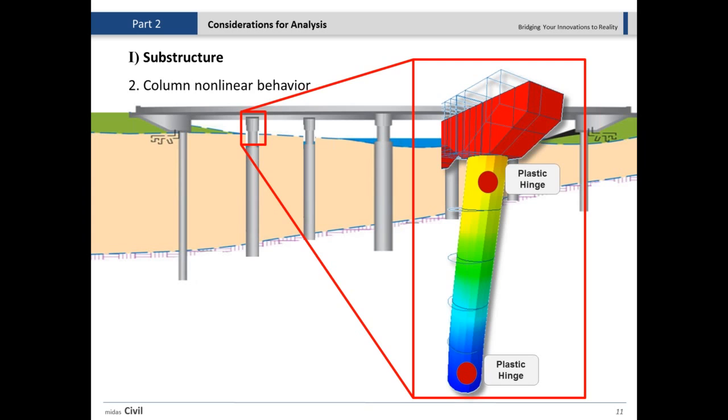You're just increasing the size, and then the force will be more, and it goes on and on. Definitely it's not going to be economical.